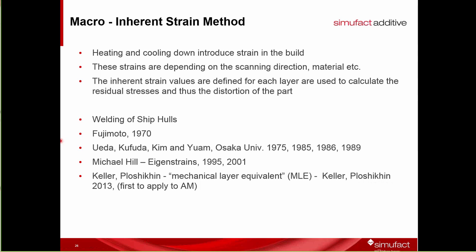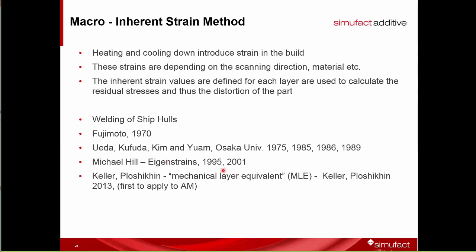So as I mentioned, it was really introduced as long ago as 1970. It was used for the welding of ship hulls, where the structure is very big, so we can't really do a micro-analysis if we have to model a 5-meter long section of a ship.